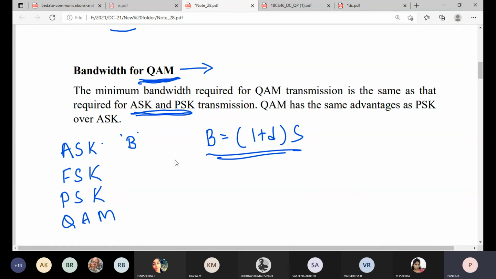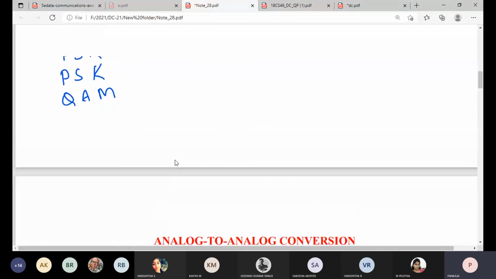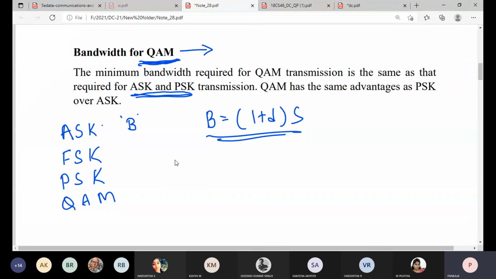Just be aware of these things. Maybe in the next class I will explain the advantages of each method, which is best in terms of bandwidth utilization and also noise tolerance.